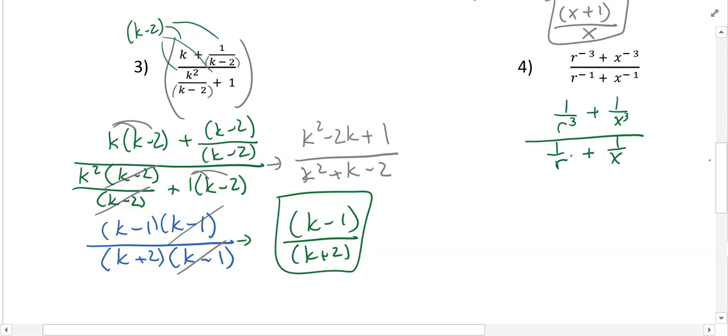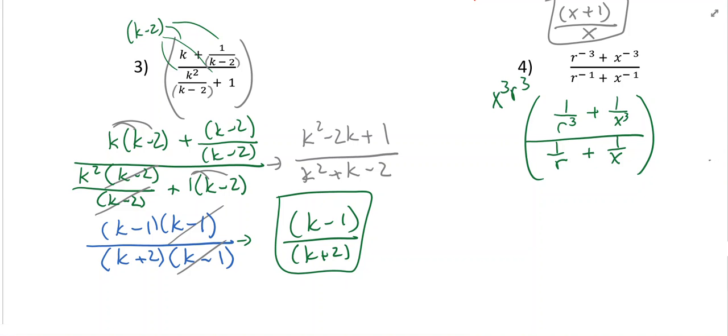So now that you have all positive exponents, now you can look at each of the denominators and decide what is the common denominator. Well, in this case, the common denominator is going to be x cubed r cubed, because again, not the common factor, the common denominator, the lowest number they can multiply to. So again, you're distributing it to all of the numerators and then simplifying.